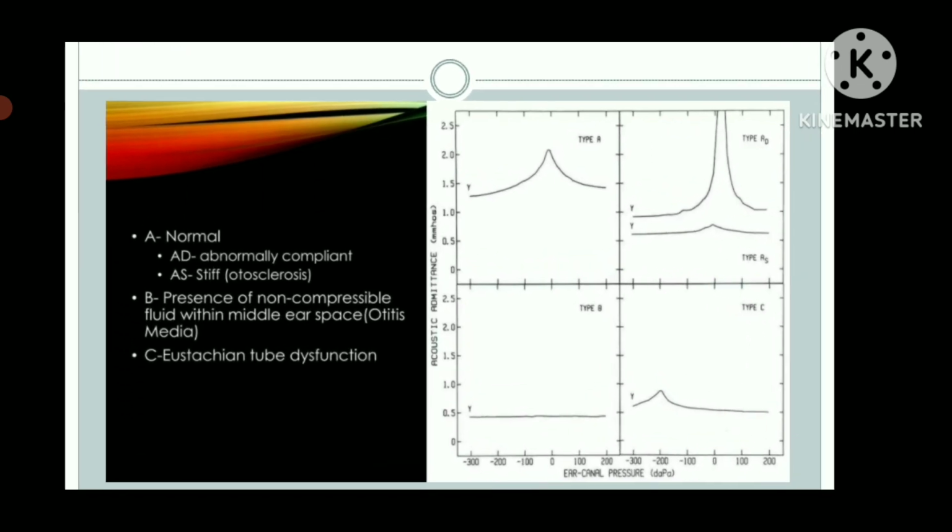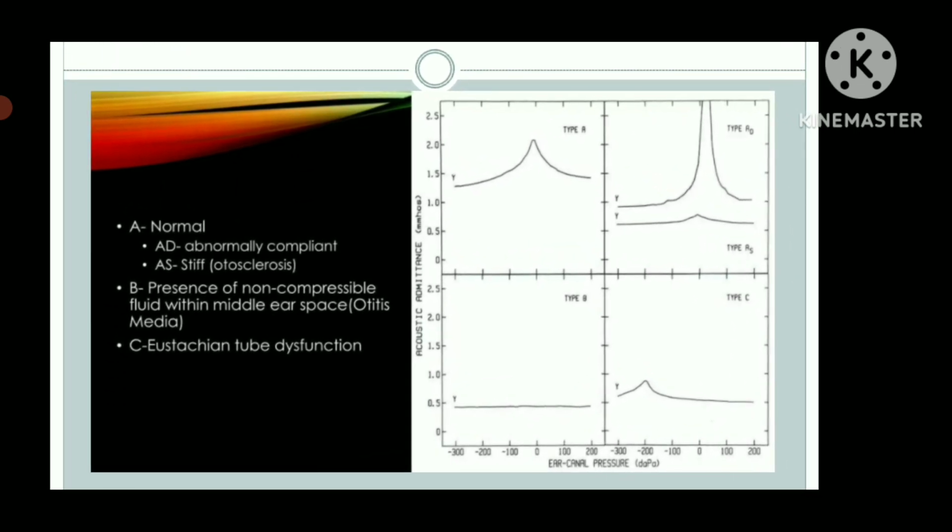You can see in this graph type A indicating the normal tympanometry result, AD abnormally compliant, AS indicates stiffness, B the presence of non-compressible fluid within the middle ear space, and C indicating eustachian tube dysfunction.